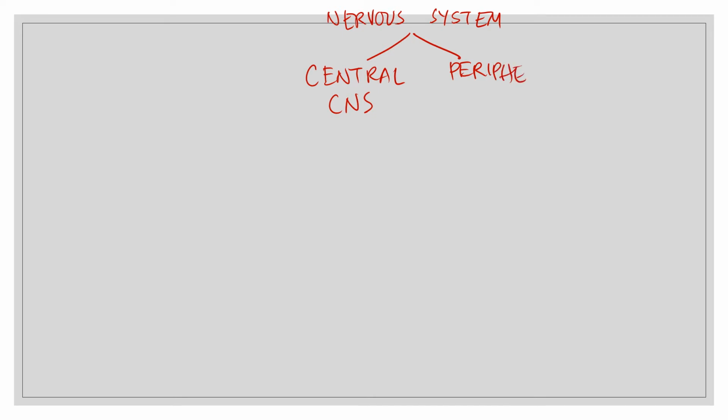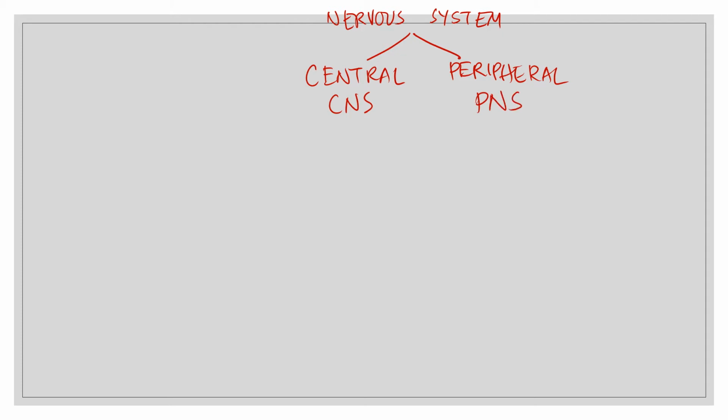When you look at your nervous system, it has two major subdivisions. You have your central nervous system, or your CNS, and then you have your peripheral, or your PNS.